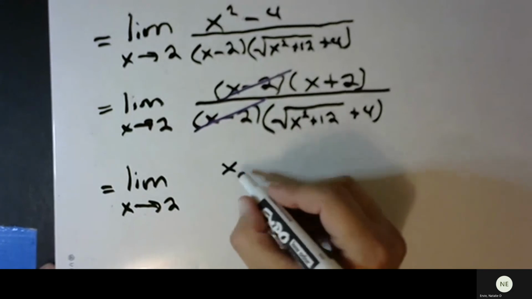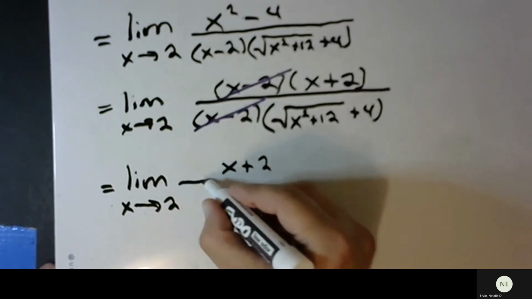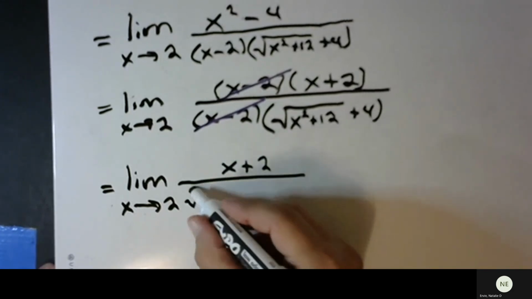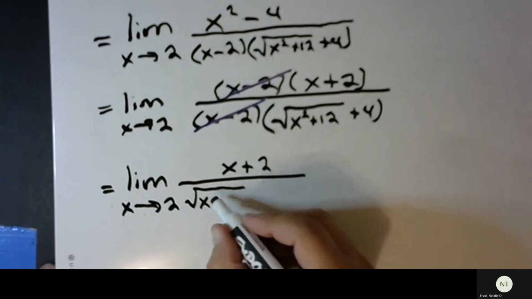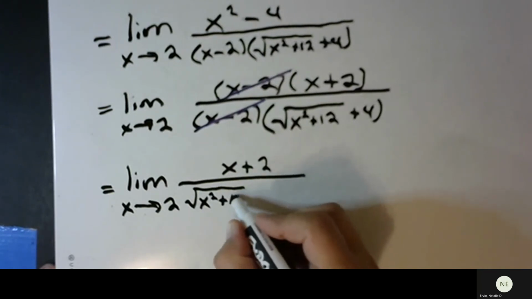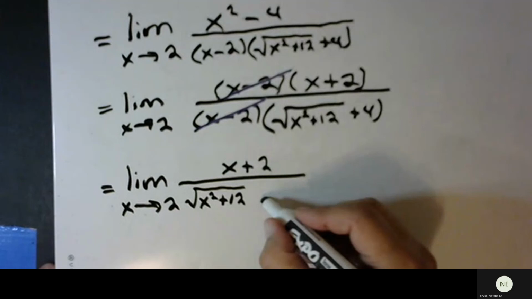So we'll have x plus 2 over the square root x squared plus 12 plus 4.